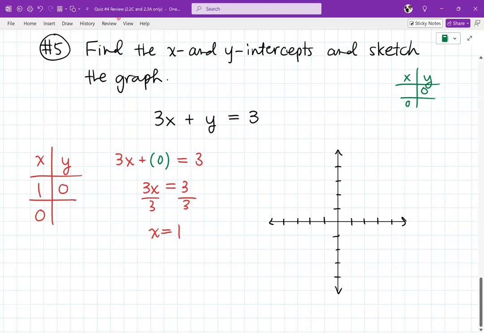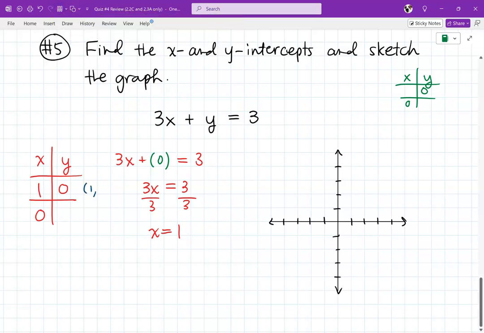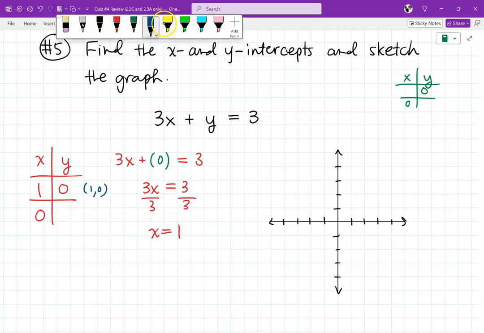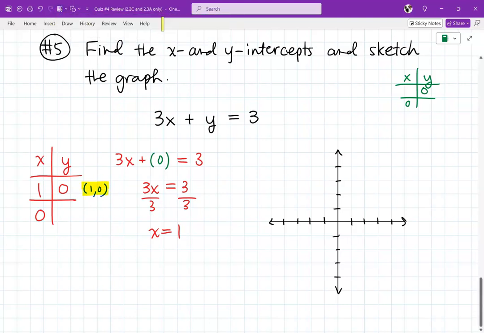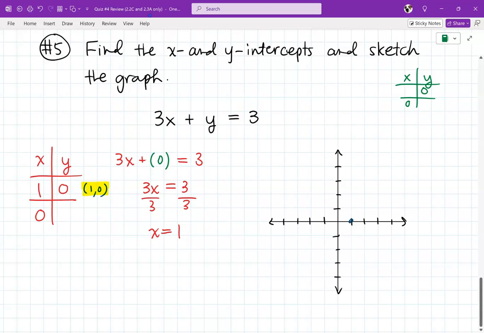So my point is 1, 0. Let me write that down with a different color and highlight it here. That way we know that's the answer that we got once we solved it. And I'm going to go ahead and put that on the graph. So 1, 0 right there.